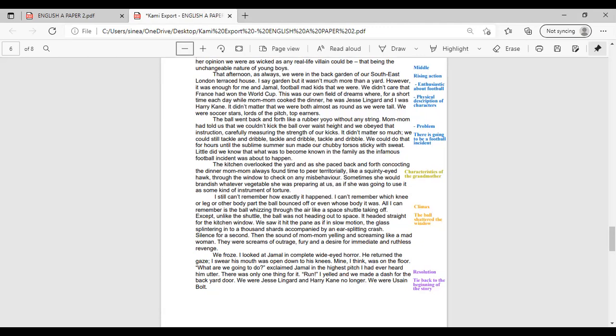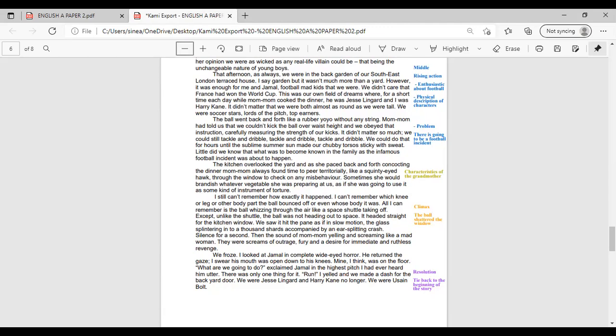It didn't matter so much. We could still tackle and dribble, tackle and dribble, tackle and dribble. We could do that for hours until the sublime summer sun made our chubby torsos sticky with sweat. Little did we know that what was to become in the family as the infamous football incident was about to happen.